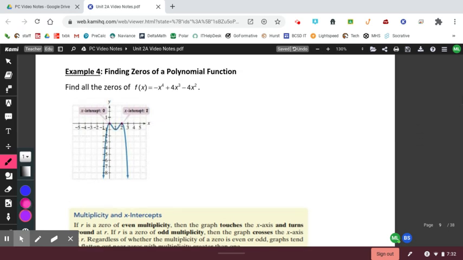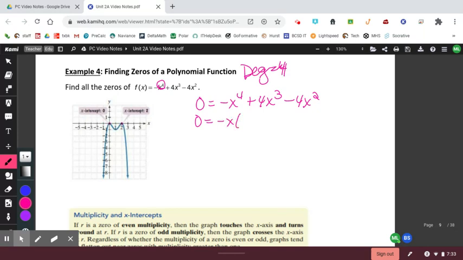Next, here we got a quartic. So degree 4, that means we should have 4 zeros. So let's set our equation. That's also a good thing to always note. That way you know that you found them all in the end. All right, so first thing I'm going to do is take out a negative x squared.